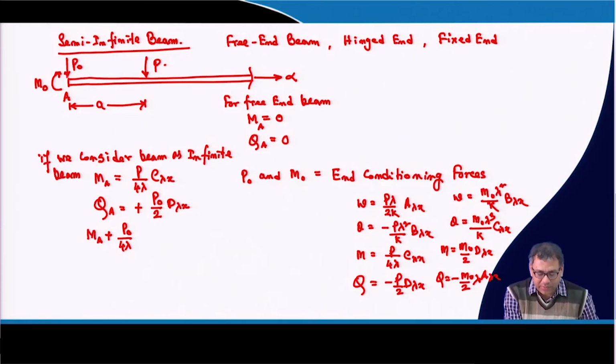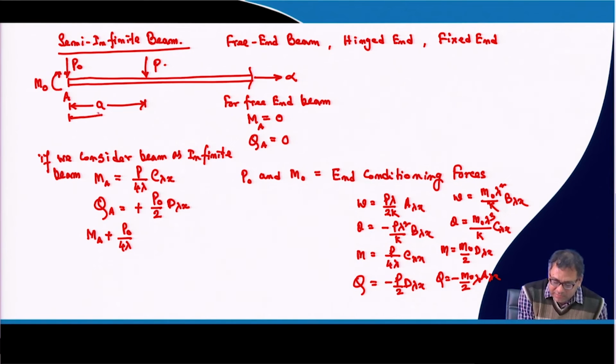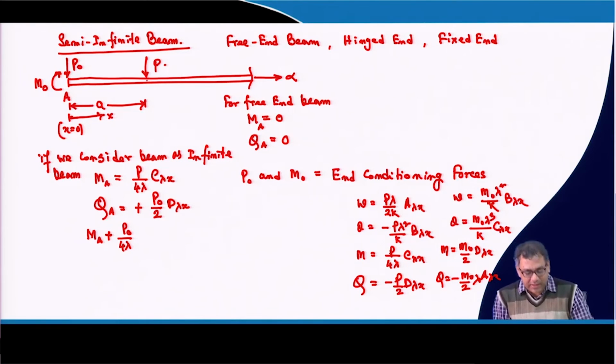So x will start from here, at this point x equal to 0, and at this point x equal to a. In this particular case your point of interest is x equal to 0. It is not always x equal to 0; that depends on where you are determining your value, but for this particular case the point of interest is x equal to 0.